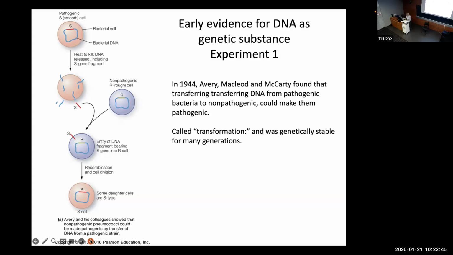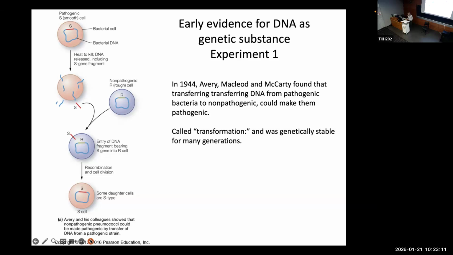So they allowed this mixing to occur. Some of the cells took up this fragment. They allowed this population to grow and divide. Some percentage happened to take up the gene that encoded pathogenicity and also the smooth cell coat. And so they changed their phenotype or their characteristic. They became pathogenic and they had a smooth cell coat.